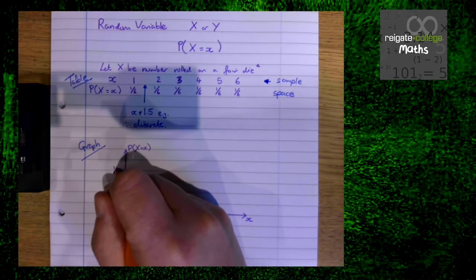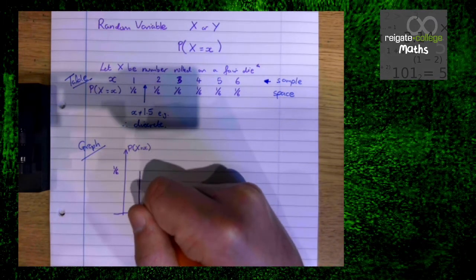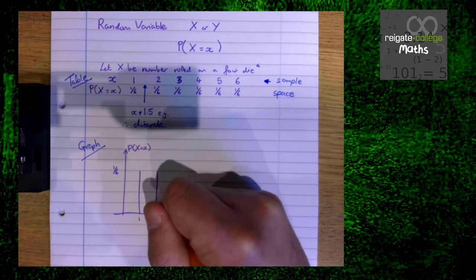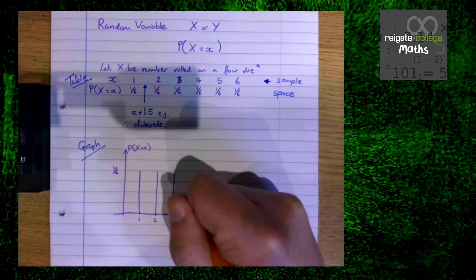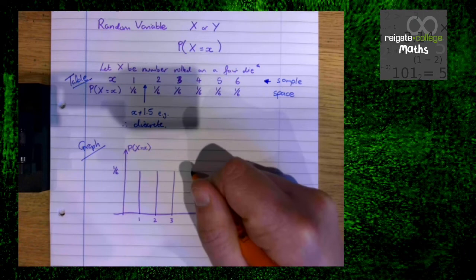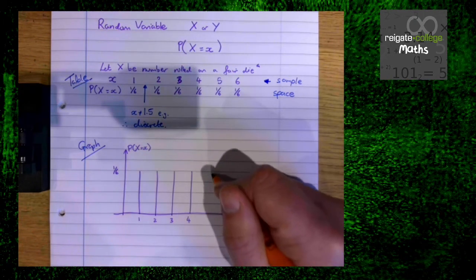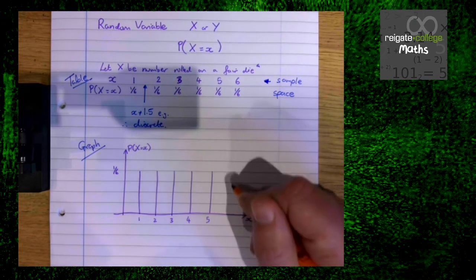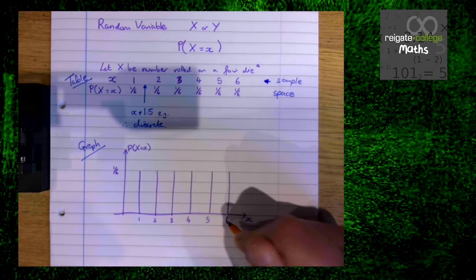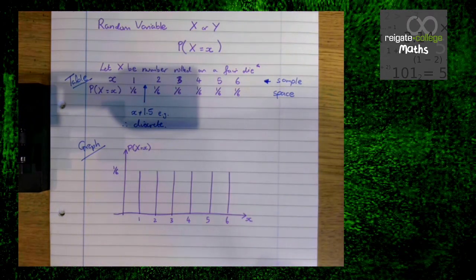And in this case, every single bar has the same height because the probability is the same. So a discrete distribution we draw as a bar chart. There's no curve, so we can't link anything like that. But this is a graphical representation.